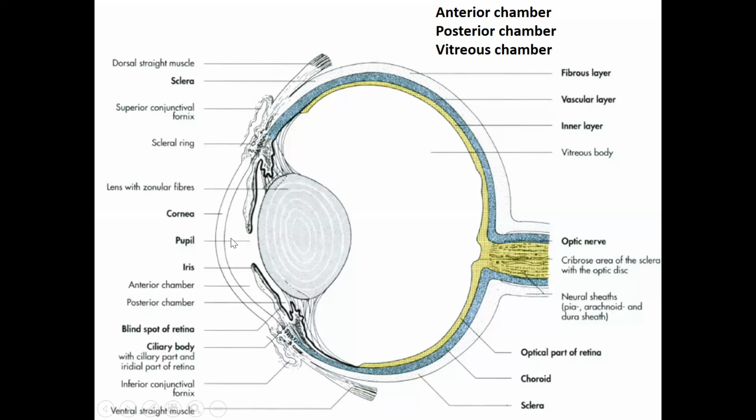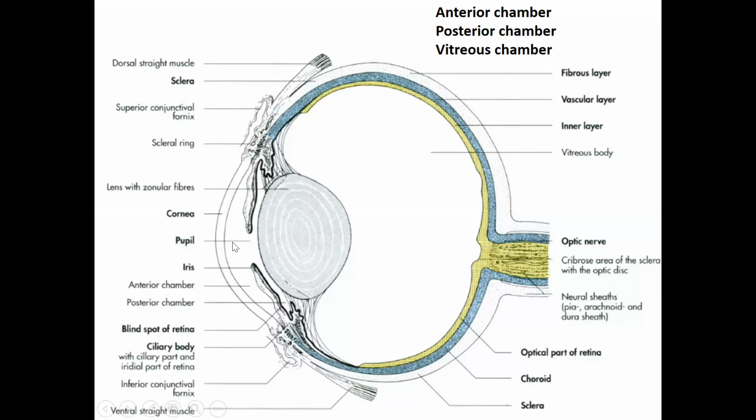Then we have two more chambers. There is an anterior chamber here, the space between the cornea and the iris. And then we have a very narrow, small posterior chamber, which is between the iris and the lens.